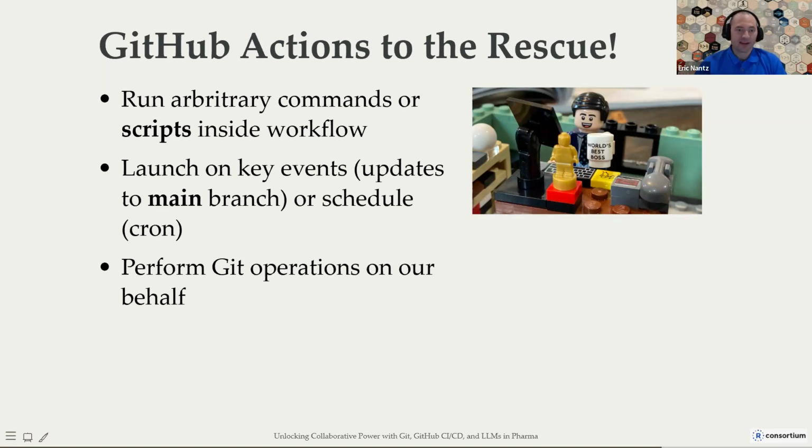Get to that later. So with that knowledge, and also the knowledge that we can launch these actions, these workflows, to trigger on key events, such as an update to the main branch of the repository, or on an automated schedule if you want to update something repeatedly via the cron syntax. And another thing I learned along the way is that we can let the GitHub Action act as if it's us and do some operations in Git itself, such as perhaps even push stuff to another repository.